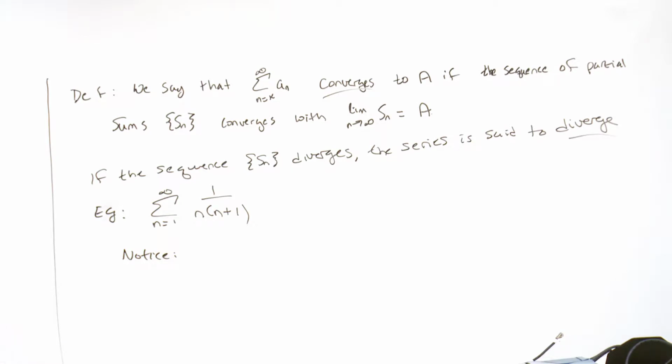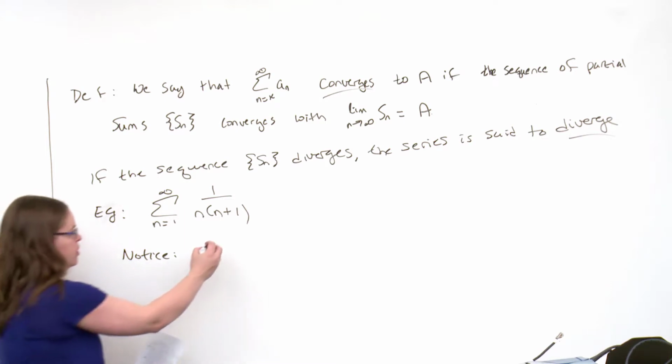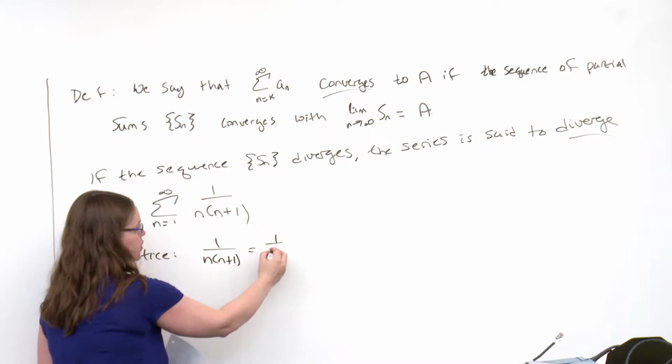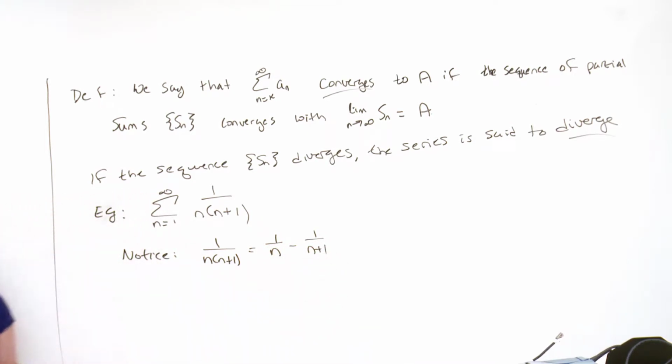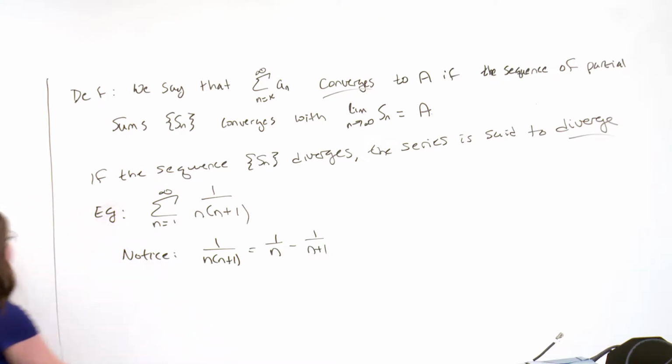We can do partial fractions on this to try to simplify it so that we just have one of these terms in each of the denominators. So if we do partial fractions, we're going to get 1 over n minus 1 over n plus 1. Okay, and then we need to look at the partial sums, because the partial sums are going to tell us whether this series converges.